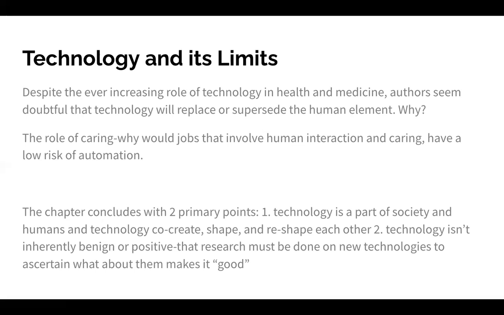So just because it's new and we see it through this lens of, oh well, this is technological progress, doesn't necessarily mean that it is inherently positive or inherently benign, which basically means harmless. So, the authors are just warning, I guess, technology creators and adopters, to make sure that they approach and consider new technology in a more balanced way.